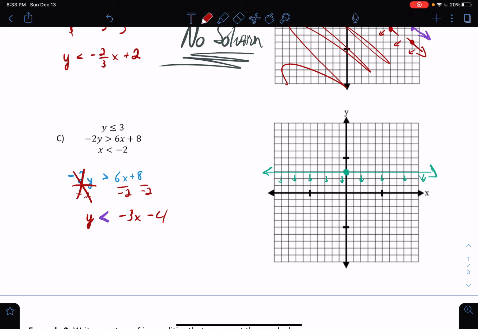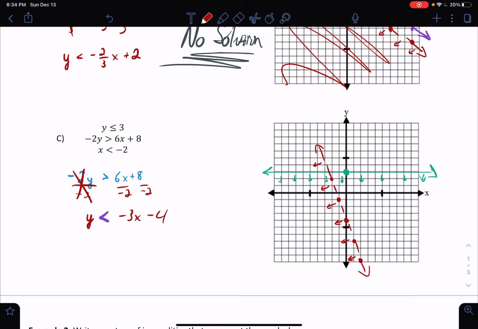All right, so I'm going to start here at negative 4. I'm going to go down 3 to the right one, or up 3 to the left one. Get a couple more points. And this is going to be a dashed line. I do not have equality here. Put my arrows on. It's less than, so I'm going to shade below this boundary line.